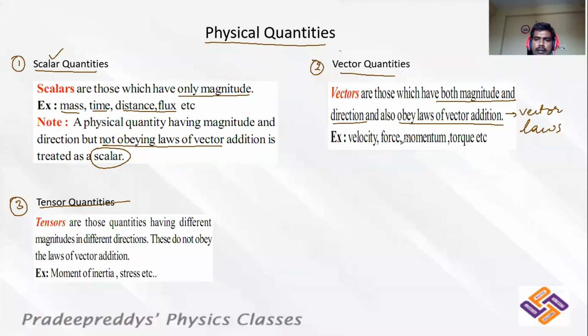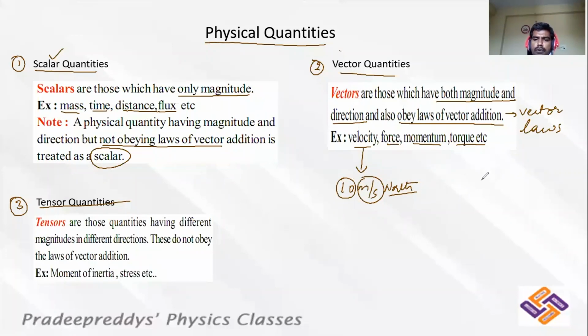So velocity, force, momentum, torque, these are all examples of vector quantities, which we represent with magnitude as well as direction. If you are dealing with a velocity, you will represent it as 10 meter per second north. 10 is the magnitude, meter per second is the unit, north is the direction.